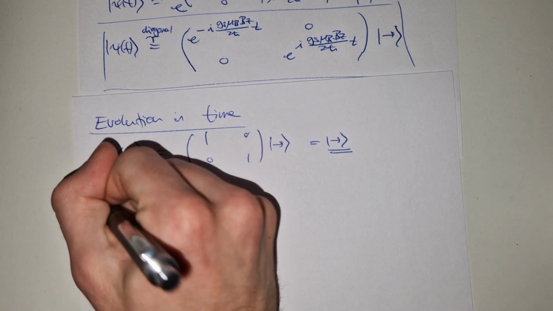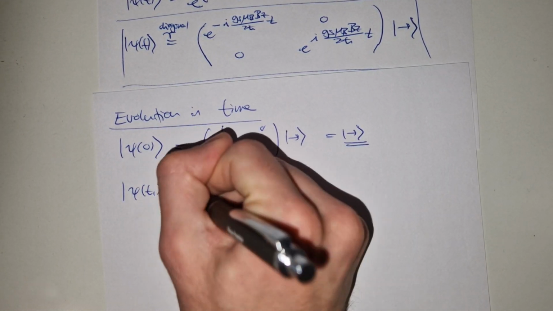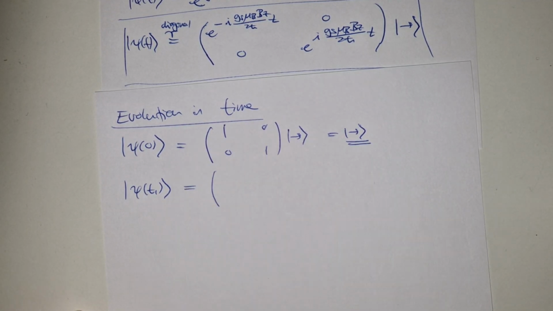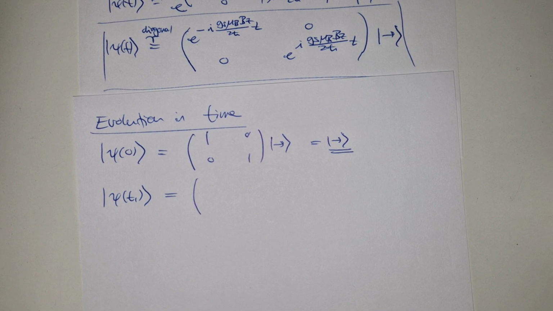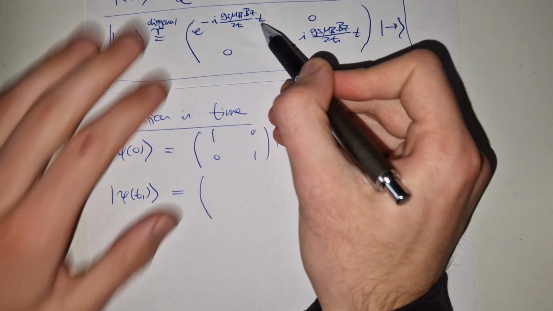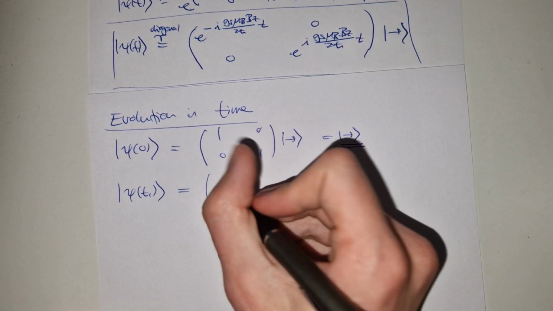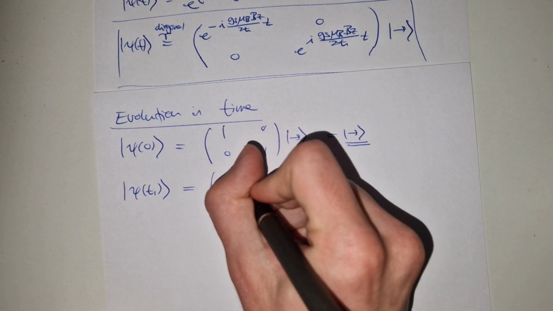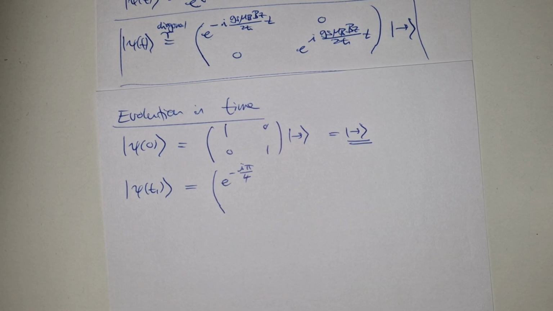Okay, so what happens at a time t1, which is larger than 0? Let me just choose t1 in a way that the numbers are beautiful. So t1 can be anything. In my case, I would like t1 to be such a number that this exponent becomes e to the minus i pi over 4, right? So that is allowed.